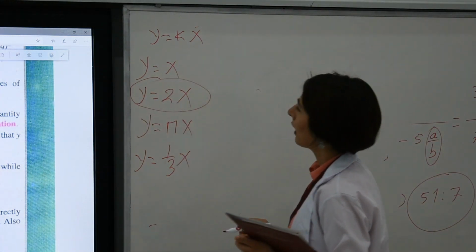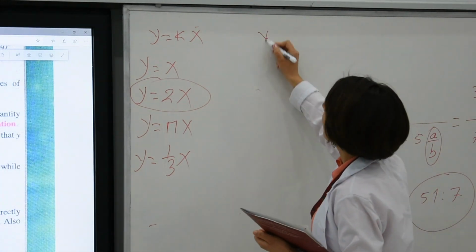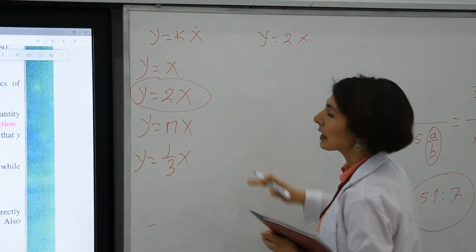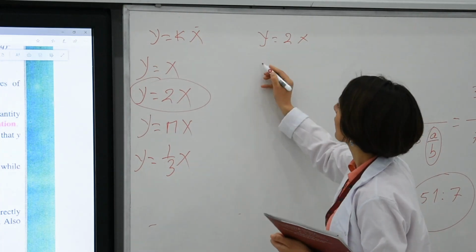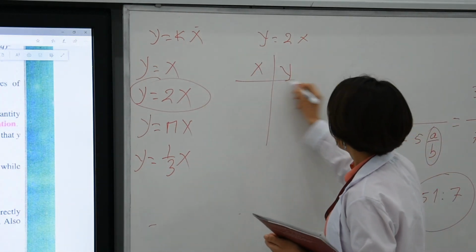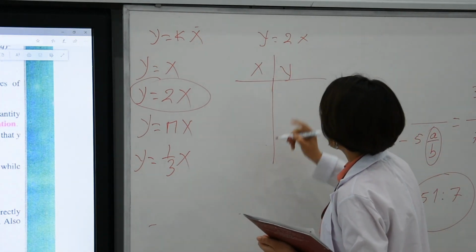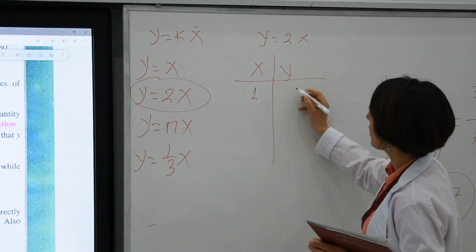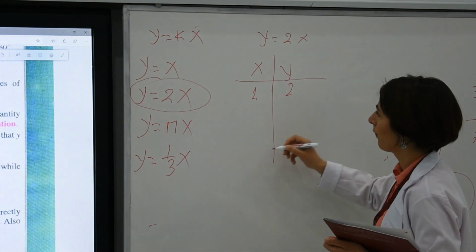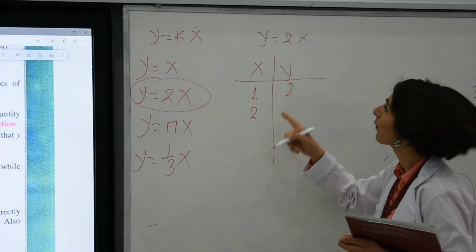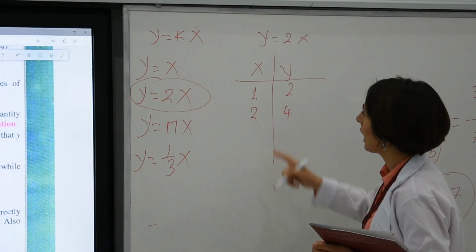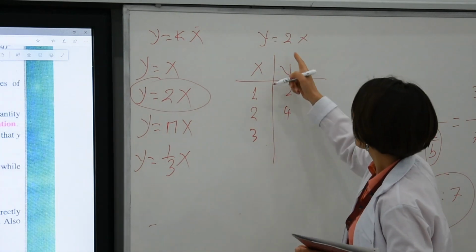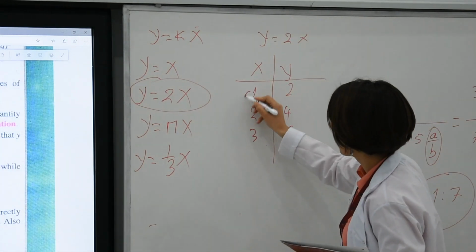For example, y equals 2x. Let's take some values of x. If x equals 1, then y is going to be 2, because 2 times 1 is 2. If x equals 2, 2 times 2 equals 4. If x equals 3, 2 times 3 is 6. You see?